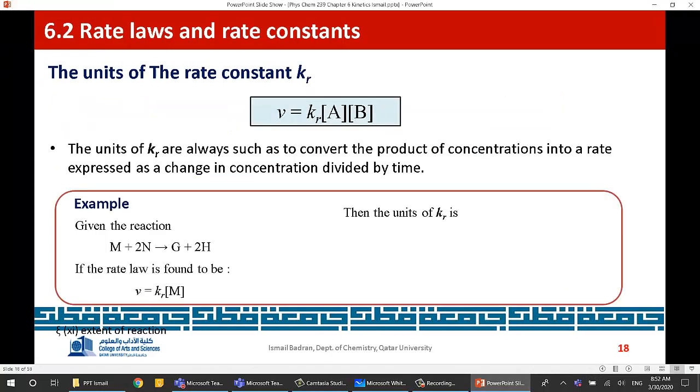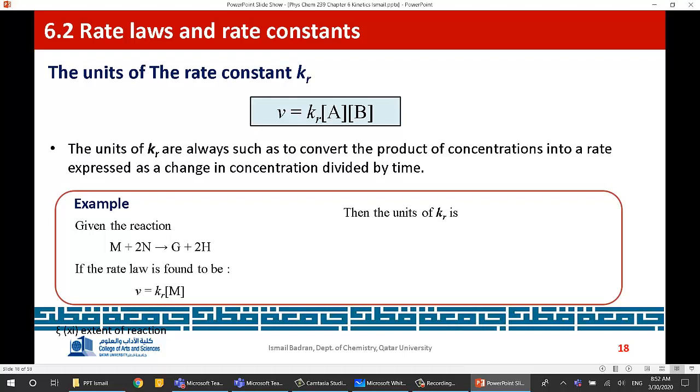For example, given the reaction M plus 2N goes to G plus 2H, just a hypothetical reaction, somebody found the rate law to be V equals Kr times M to the power 1, as if N does not exist, or as if N is to the power 0. So V equals Kr M power 1 times N power 0. This is zero order for N. N does not exist.